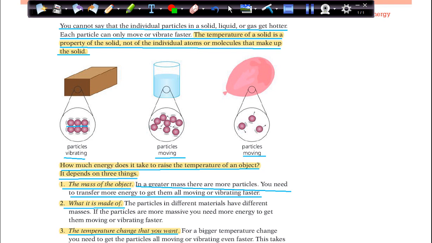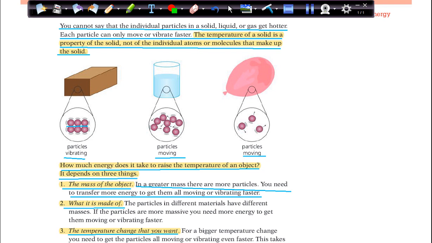If I have a block of wood, okay, and I want to burn it, and in my other hand I have a very small piece of wood, a stick, let's say stick, okay, I can burn this stick using a lighter, but I need more thermal energy, a fire, a big fire, an oven, anything just to burn that block of wood, okay, because the mass is different.